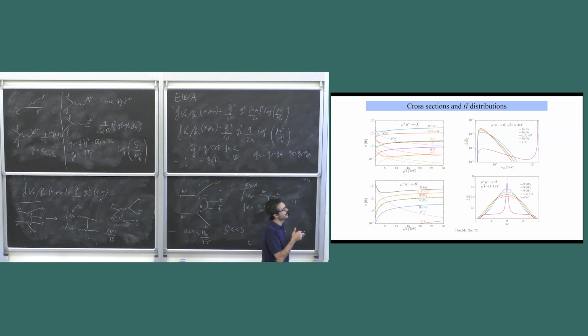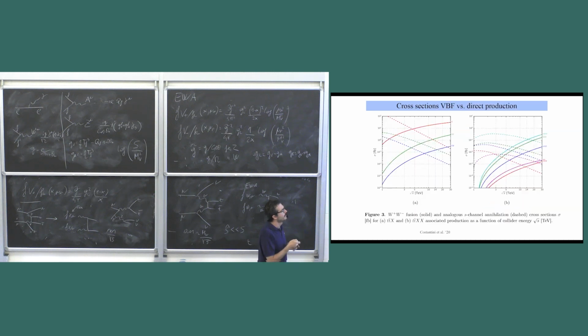The solid line is the prediction, the dotted is the one from direct production, and the dashed is the vector boson fusion induced one, so the one from vector boson collision. You see there is always a point in the energy at which the vector boson fusion starts to dominate and leads to the bulk of the cross-section. And this depends on the process itself.